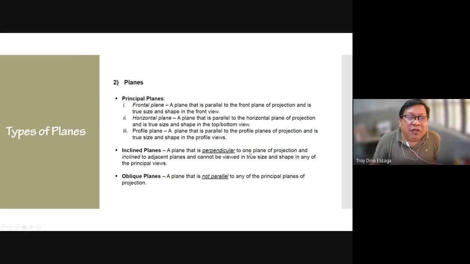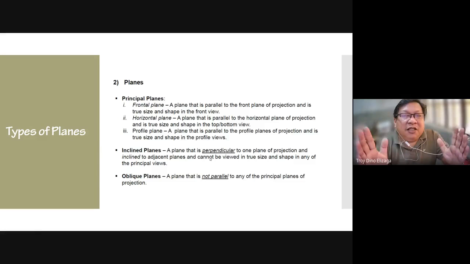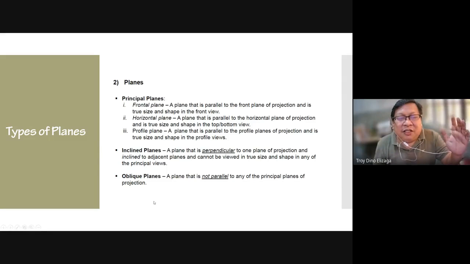So they are perpendicular to one plane of projection and inclined to an adjacent plane of projection. So the same, no? Imagine the glass box earlier, but one side we try to move at an angle, but it is still perpendicular to the front view, so it's an inclined plane.